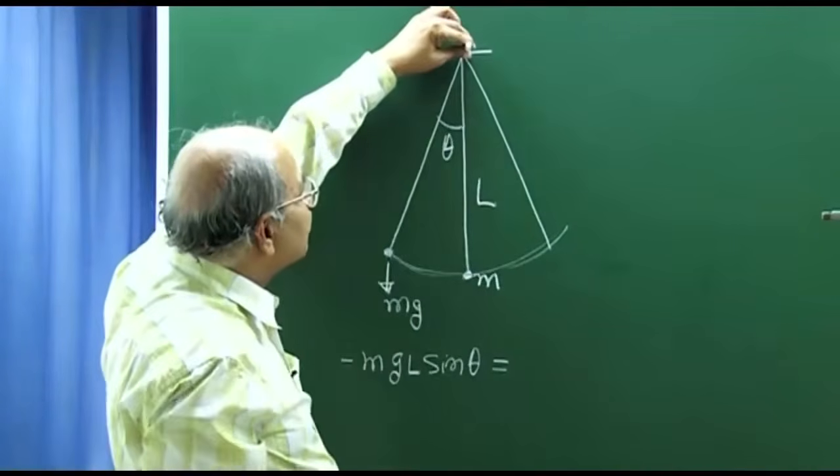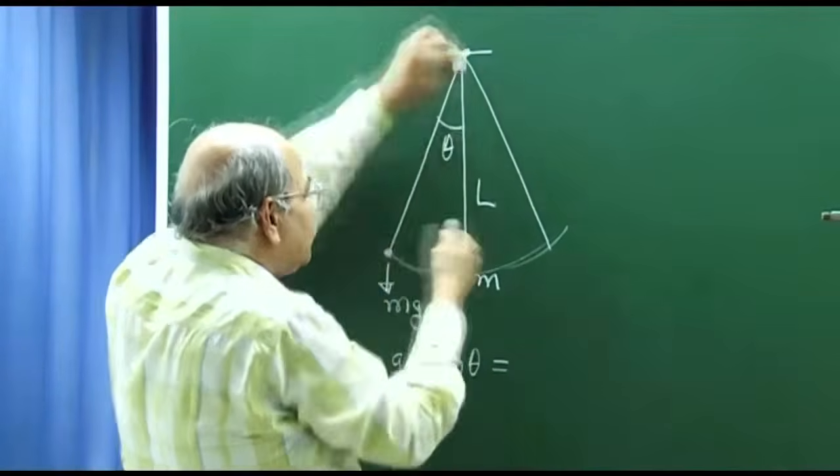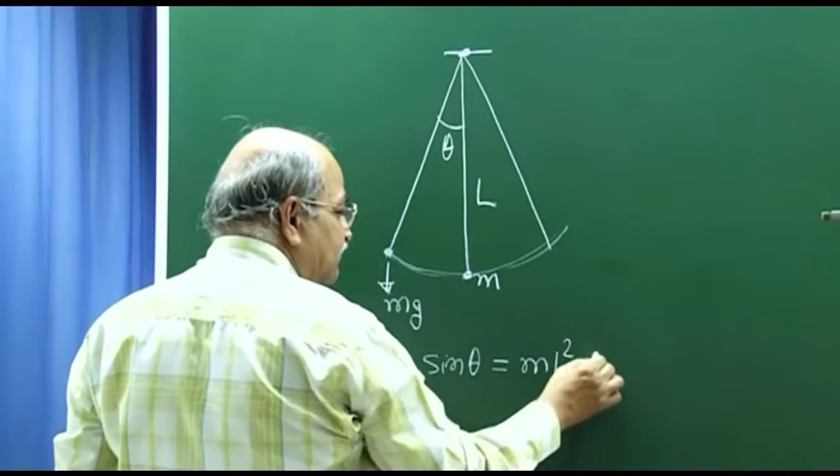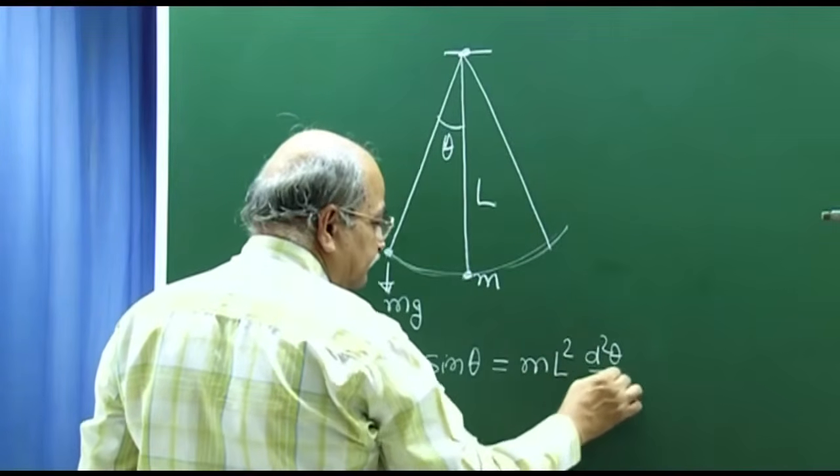Remember, here is the axis of rotation, so this distance is L. So, it is mL square times d2 theta by dt square.